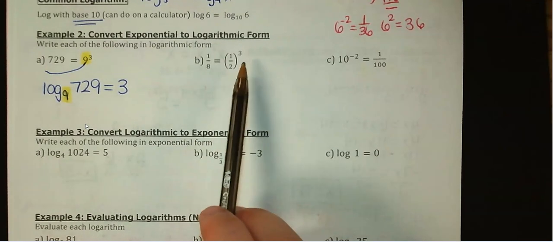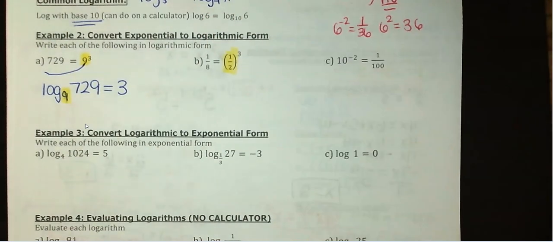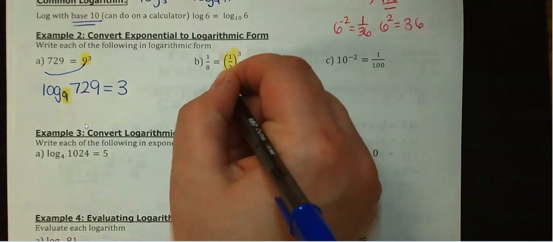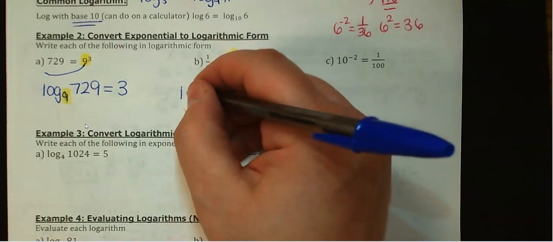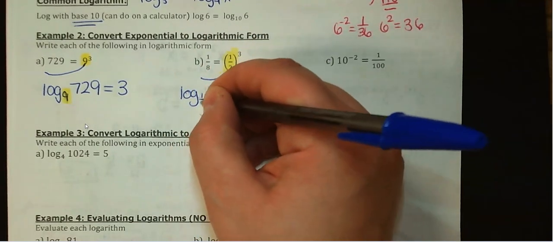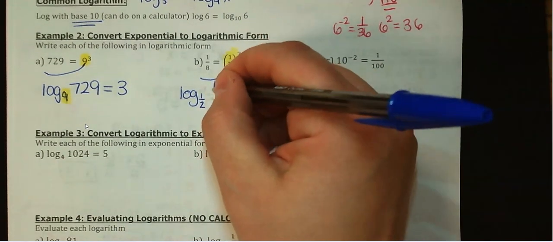Okay, so just to practice this, the base of my exponent here is the 1/2. I'm just going to swing it across the equal sign, and leave the 1/8 right where it's at. We're going to introduce the word log because we're going to convert this to a logarithm. The base of my exponent, the 1/2, becomes the base, or the little subscript, for the log. The 1/8 stays where it's at.